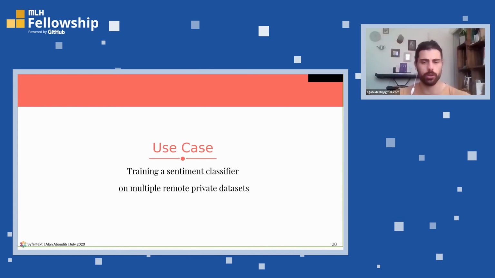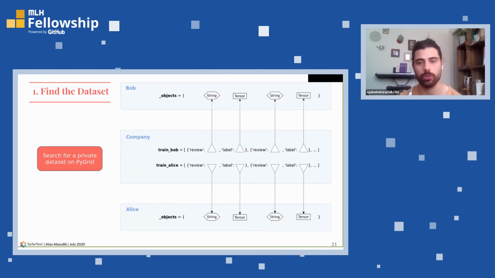You have multiple workers, multiple data sets, and your dream is to get a big data set because you can create a better model, but you can't because it's private. Then you use Ciphertext in order to encrypt things and put them in the same training batch as if you have a single data set. So here you are working on your company's machine.